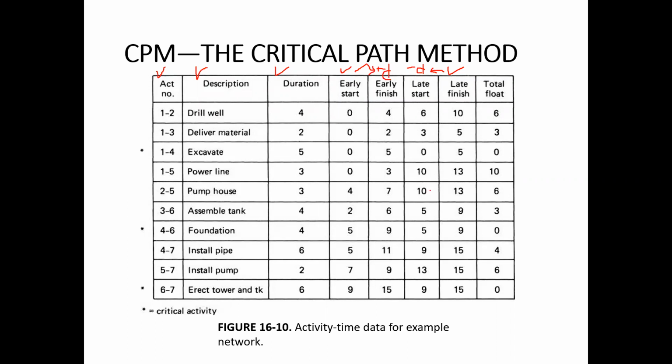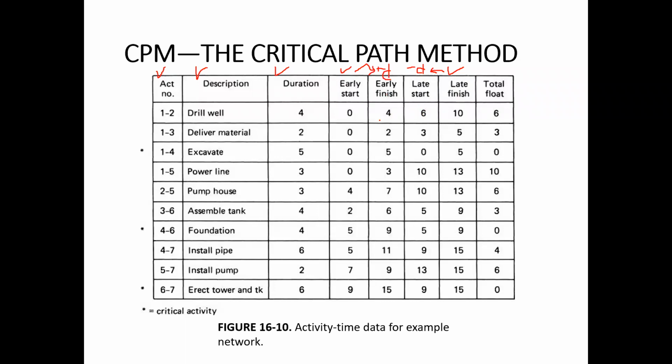After you calculate it, you can calculate the total float. Okay, so what is the total float for each activity? Total float for each activity will be equal to 6 minus 0. That is the late start minus early start, or late finish minus early finish.